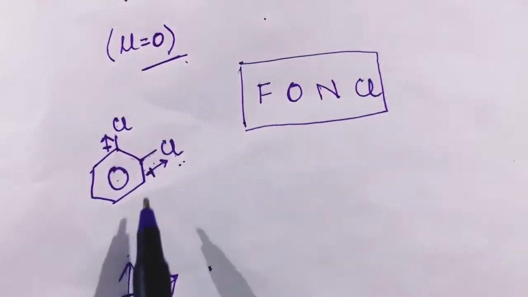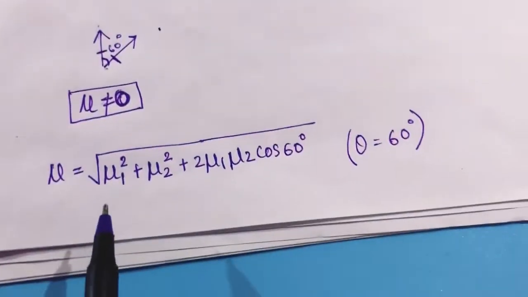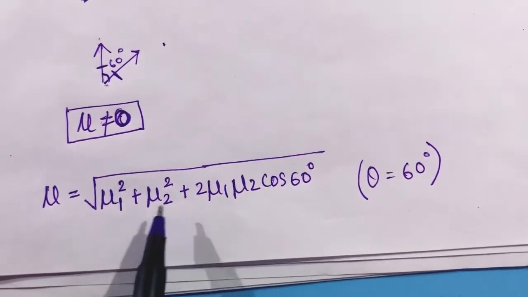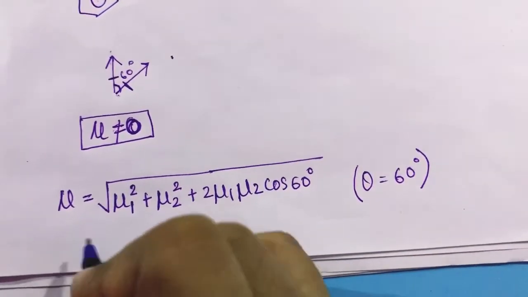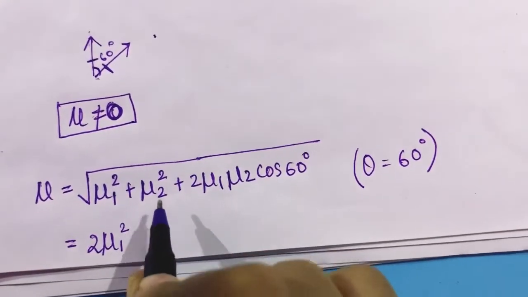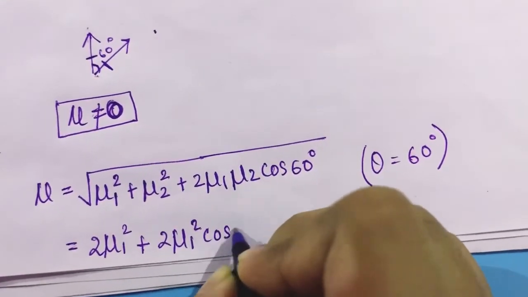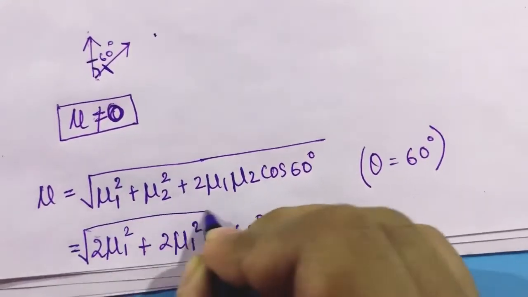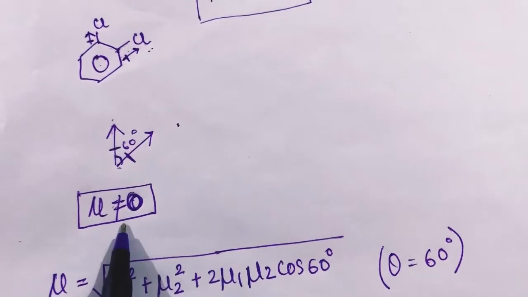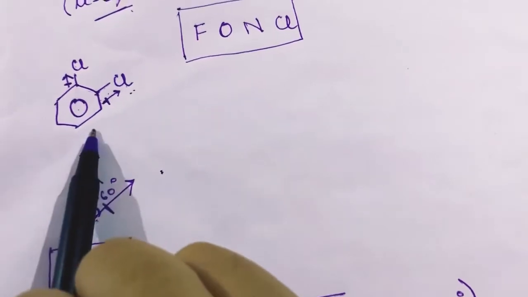But since the carbon-chlorine dipole moments are identical, we can replace mu2 as mu1. Therefore, we will have mu1 square plus mu1 square plus 2 mu1 square cos 60 degrees, and finally we will have some value of dipole moment which is not equal to 0. So this is how we have found the dipole moment in this aromatic compound.